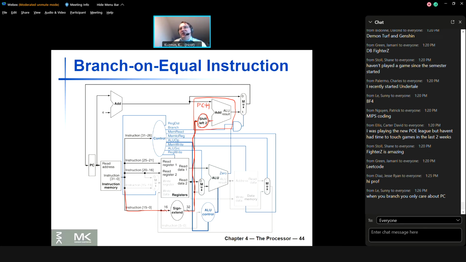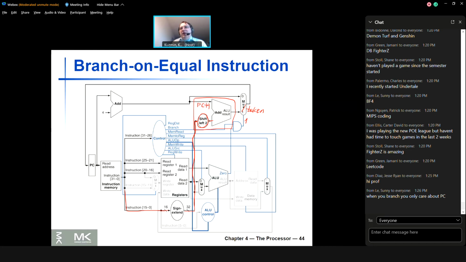So that's why we shift left 2, and then we add, and this is the new value for PC. So we need to make sure that this multiplexer is set like that if the branch is taken, right? If branch is not taken, of course, it's going to be different. It's going to be connecting this top input to the output. So if the branch is taken, this signal is 1. We know it is branch, and 0 from the ALU.